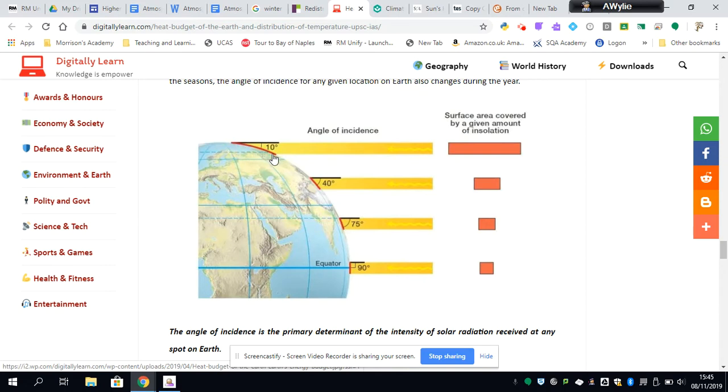Because of that curvature, the same amount of heat has to heat a much greater area of the Earth's surface. If the same amount of heat is having to heat a greater area, that area will naturally be much cooler than this, where a lot less area is having to be heated. So that is the angle of incidence.